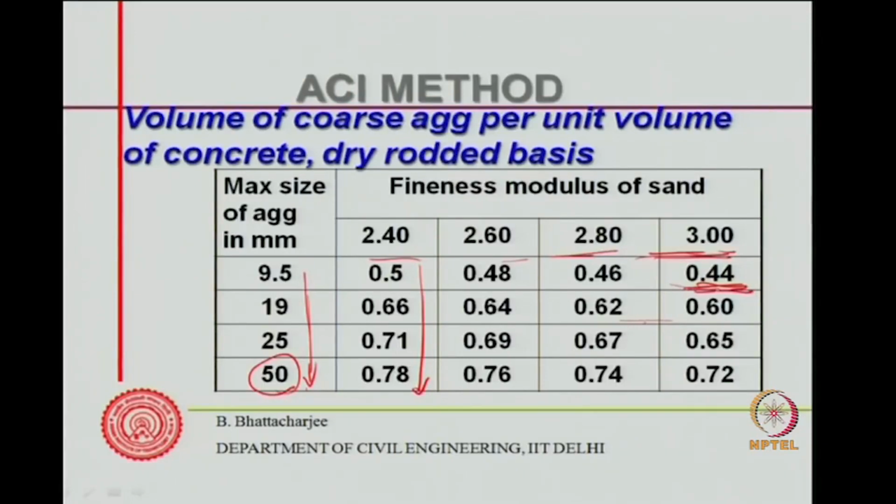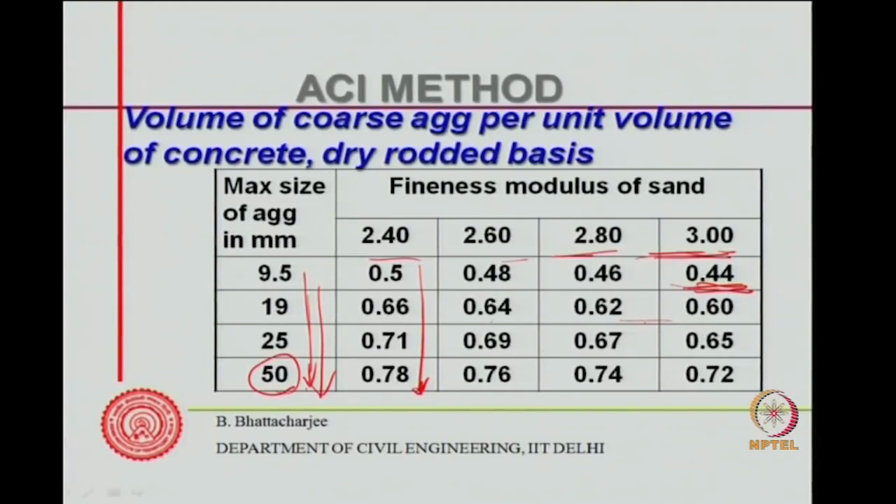So, it fits into the overall grading better. The space here will be filled by less coarse aggregate. That is why with higher fineness modulus of sand this is decreasing, and as we increase the MSA, the aggregate volume increases. The proportion of the aggregate volume is given by this particular table.